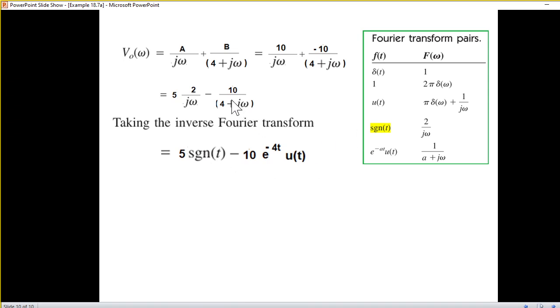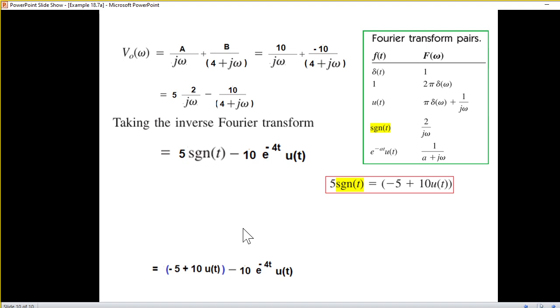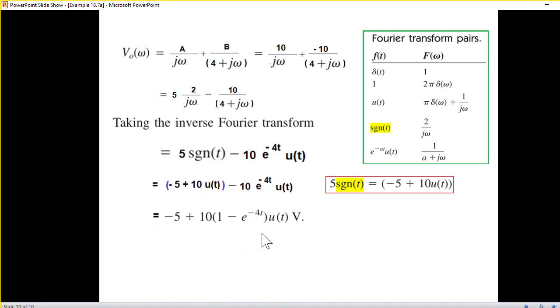Similarly this one goes to the time domain as 10 e raised to the power minus 4t u(t). Now in the book, he has given the value of the input signal, 5 signum t, as minus 5 plus 10 u(t). So we just plug in that value here, and solving, this is our final answer.